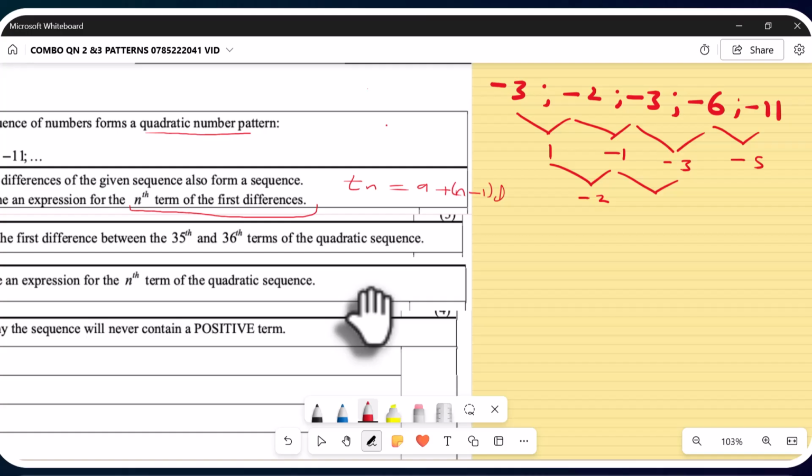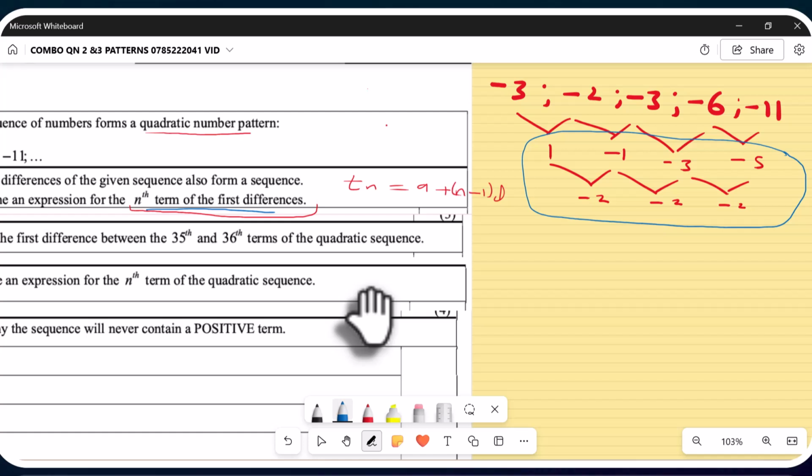What do we get? Our Tn equals 1 minus 2n, and then plus 2, which gives us negative 2n plus 3. Now that's what they wanted here. So this is the Tn for the first differences.